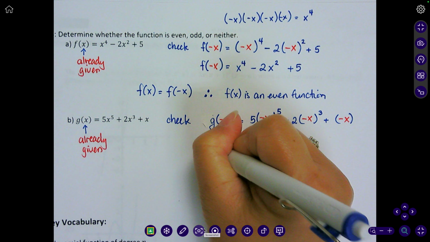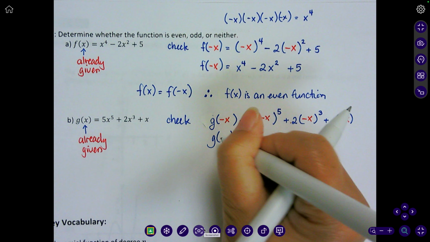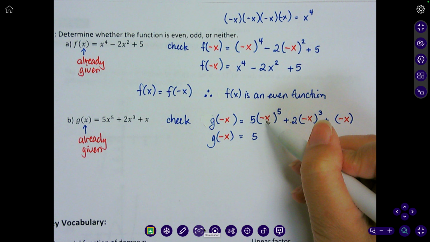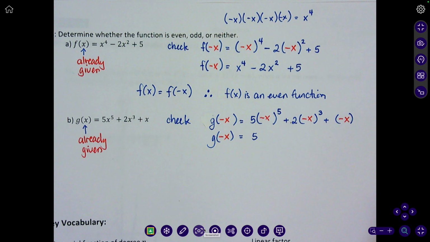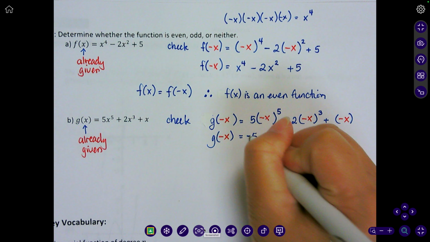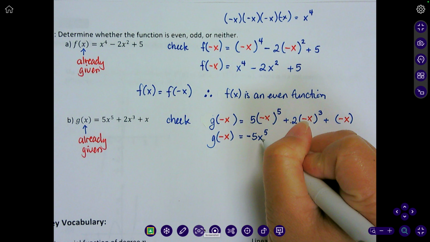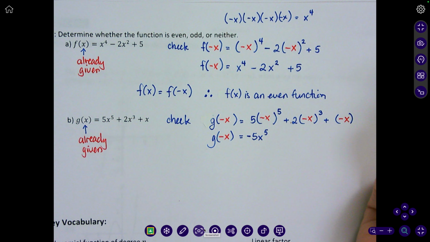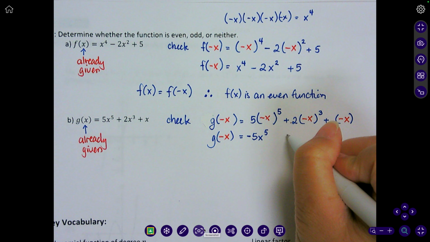All right, so what do I got? This is a 5. What is a negative x to the 5th power? Negative x to the 5th. So there's a negative because this is an odd power. Do you guys see that? Because there's a negative, I want to put the negative in front and then x to the 5th. Are we okay? Now I'm going to write the 2 here first.